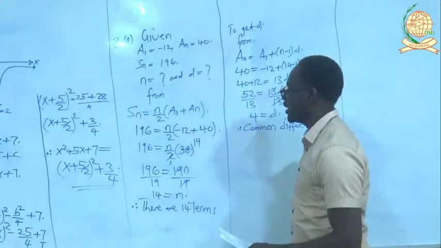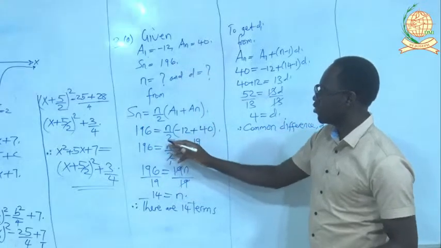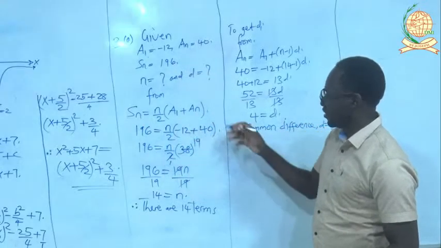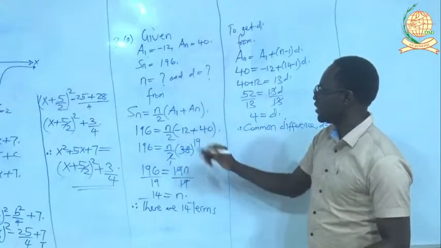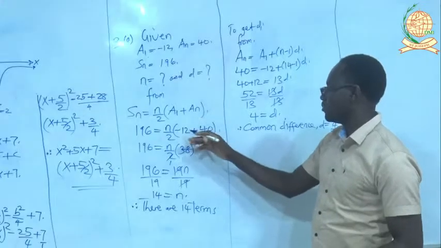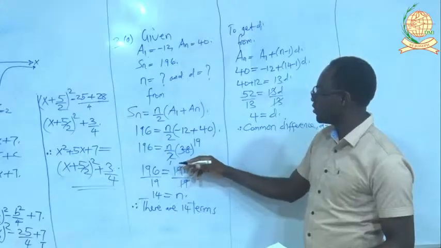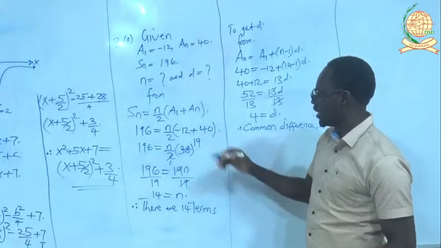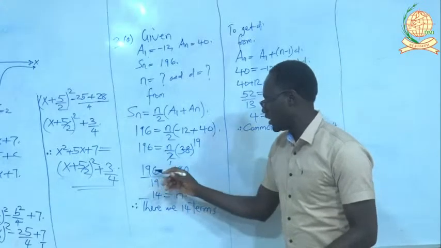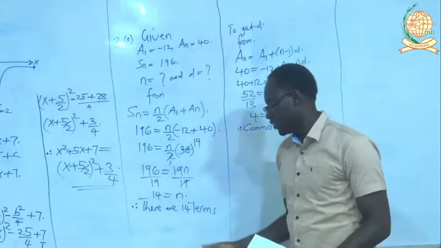Sn was given, 196 equals n over 2 in bracket, negative 12 plus 40. Simplify 40 minus 12, it is 28, then by 2 gives 19. So 196 equals 19n, divided by 19, n is equal to 14.